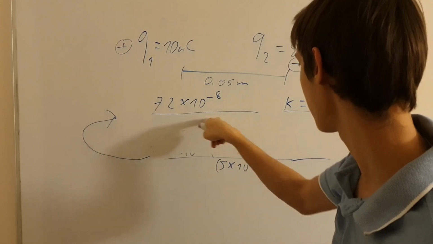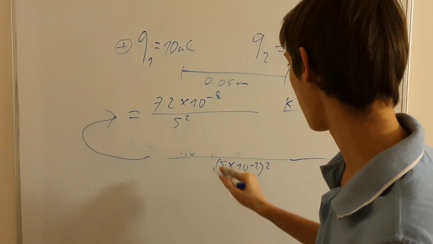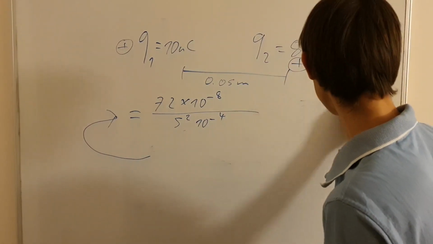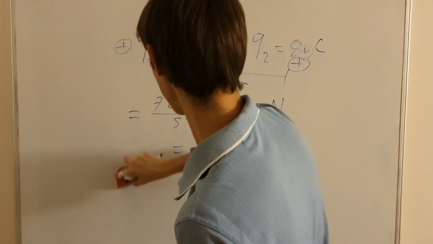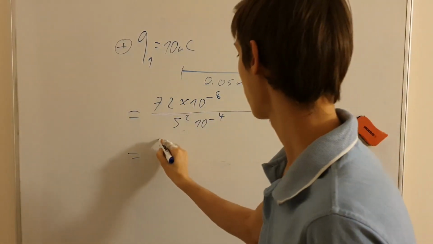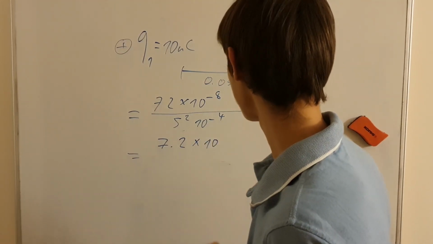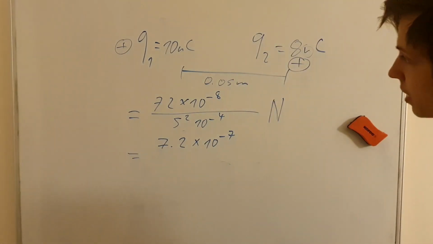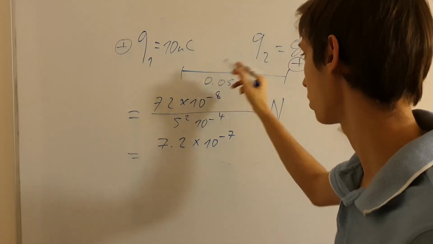And the bottom side, I can rewrite it to this new step, which will be 5 to the second power times 10 to the minus 4 power. Alright. And again, the result is going to be in newtons. So right now, I'm almost at the finish. This 72 is also writable as 7.2 times 10 to the minus 7 as follows, because I can take away 10 divided by 10 and then multiply by 10 to the first power.